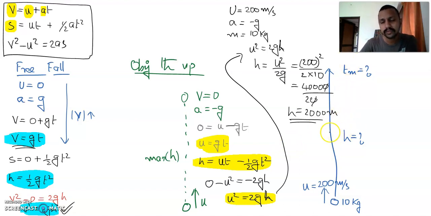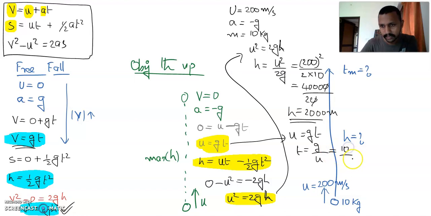In order to find out the time in which it is reaching the maximum height, you could use this relation, that is u is equal to gt. Then we could write t is equal to u by g. In this case, it is 200 by 10, so t is 20 seconds.